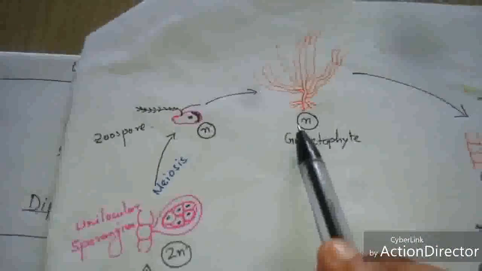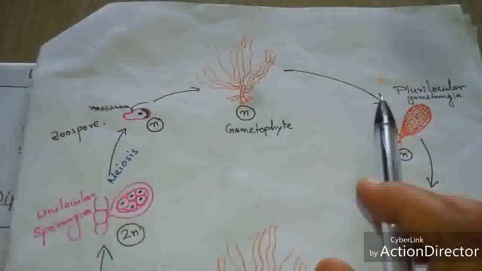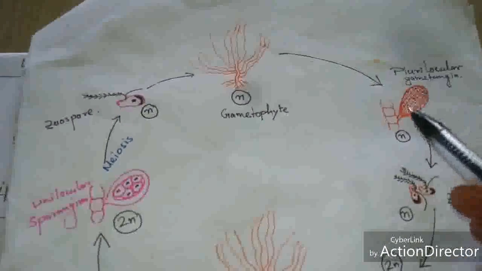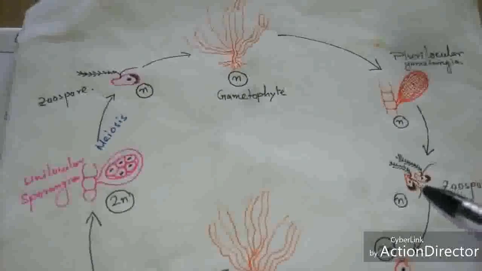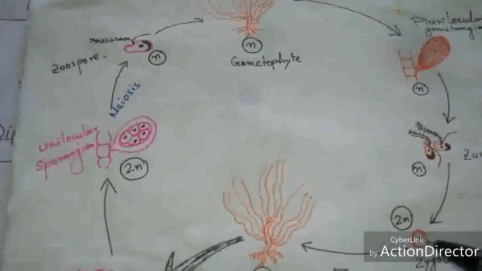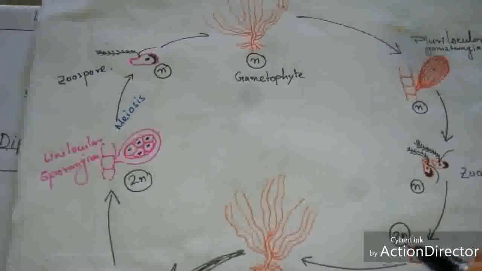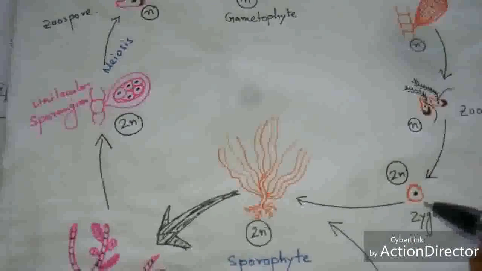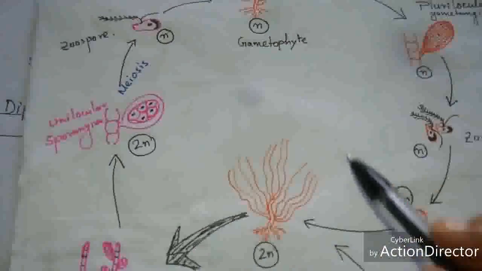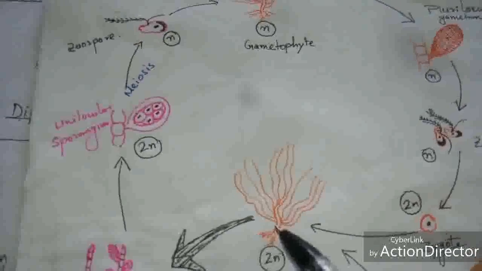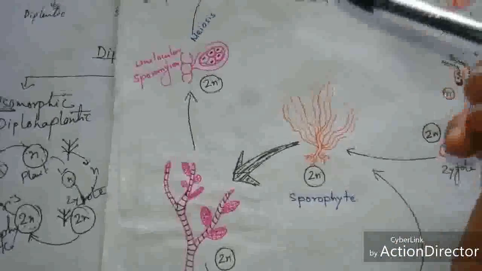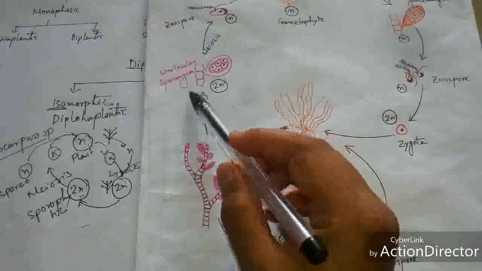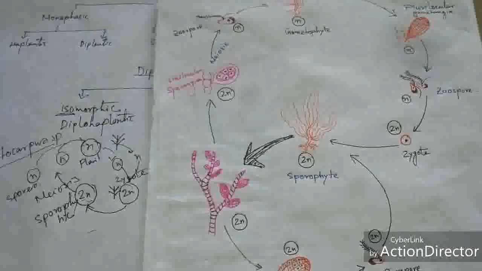The gametophytic plant first produces plurilocular gametangia, which produce haploid zoospores. These zoospores fuse together and form a zygote, which is 2n, diploid. This zygote produces the diploid plant, and this diploid plant contains two types of sporangia: plurilocular sporangia and unilocular sporangia.